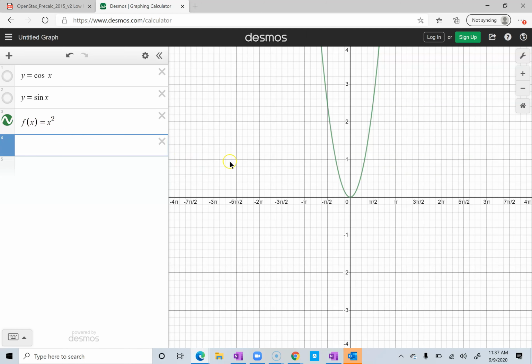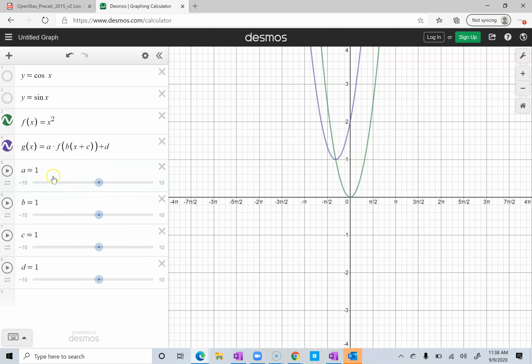Everybody's looking at the screen. F of x is x squared, that parabola. And now I'm going to do transformations. G of x, we're going to do a times f of x, and then in here I'm going to go b, open parentheses, x plus c, close, plus d.